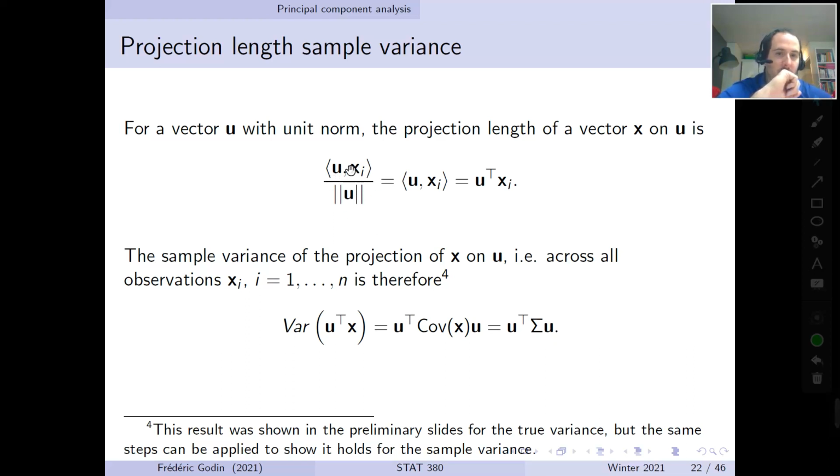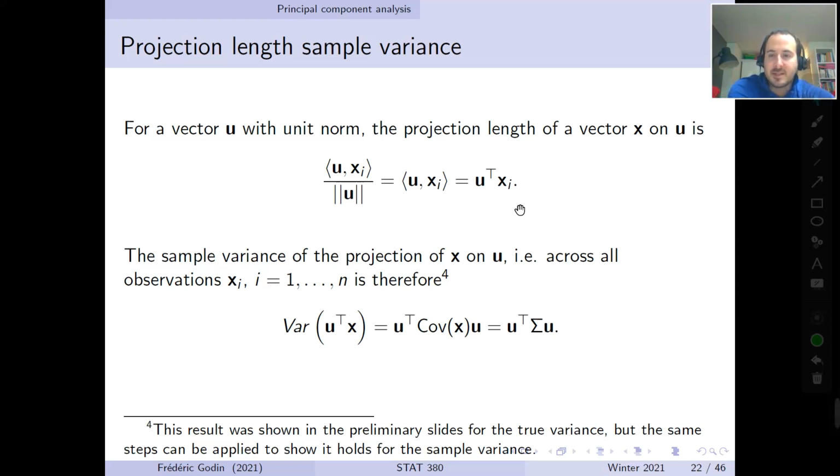This is basically the definition of the projection length. And because u has unit norm, the norm of u is 1, so it becomes the scalar product between u and xi, or alternatively u transpose times xi.